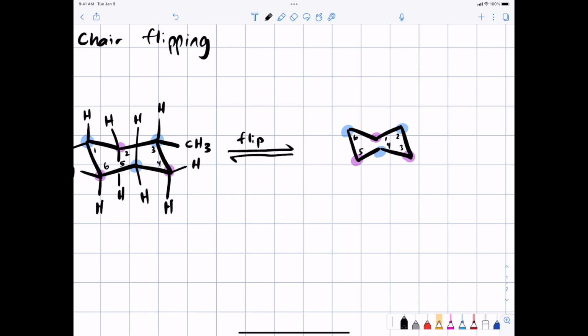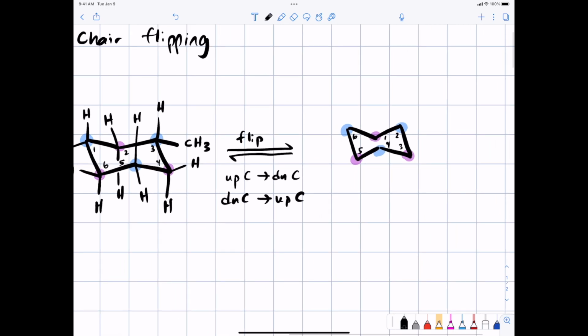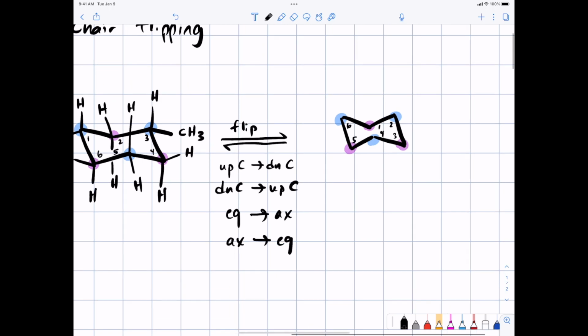Okay, doing it that way is one way to keep track of what we just said, in that chair flipping involves up carbons go down, down carbons go up. Now we said things that used to be equatorial go axial, things that were axial go equatorial.